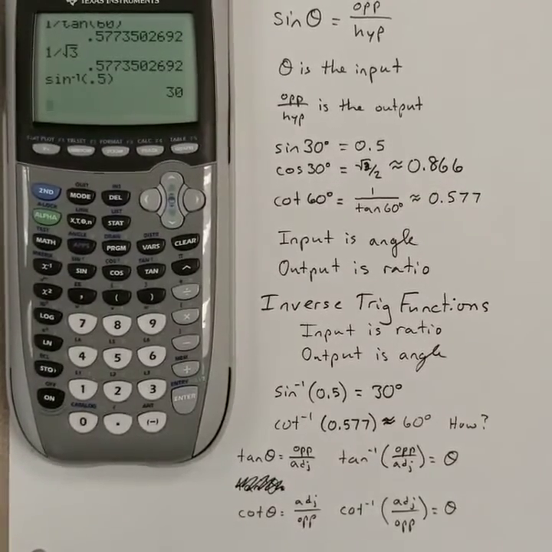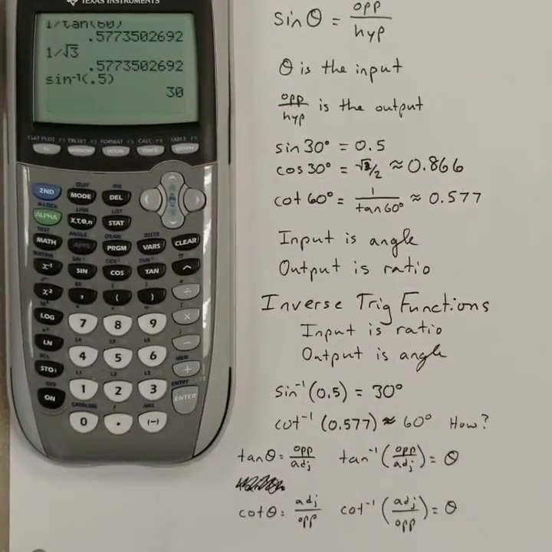So if I'm trying to find the inverse cotangent of a ratio, it's the same as the inverse tangent of its reciprocal, if that makes sense.